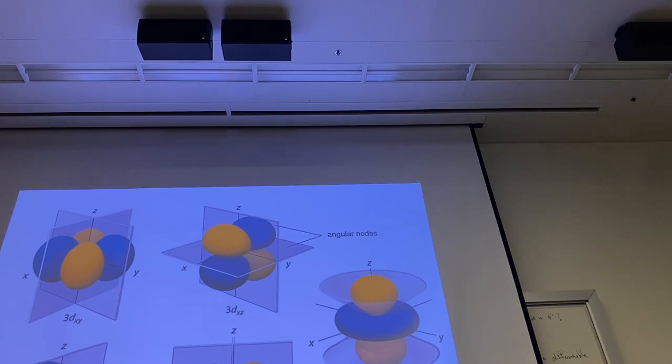If you have more nodes, that means you have more curvature, that means your kinetic energy must be higher to be in that wave function. Anytime there's more curvature, there's more kinetic energy required to occupy that state, which means that these functions have higher energy than the p or the s. The s is lowest, the least curvature, p more curvature, this even more. Anytime you add more nodes, you must jack up the kinetic energy. There's no other way.